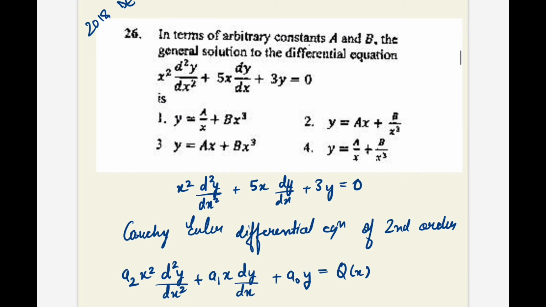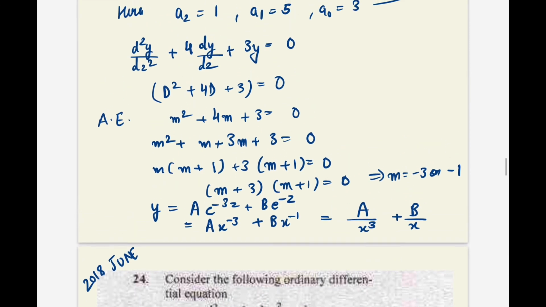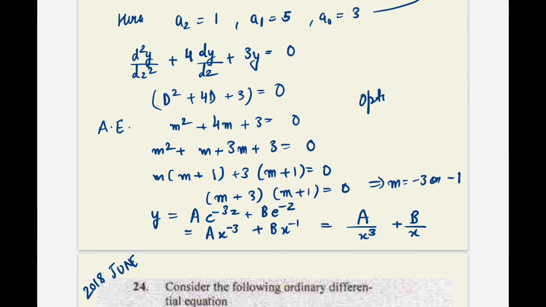So a by x cube or b by x, the denominator should be x cube and x. It doesn't matter whether the coefficients are a or b with them. So option 4 is the correct answer.